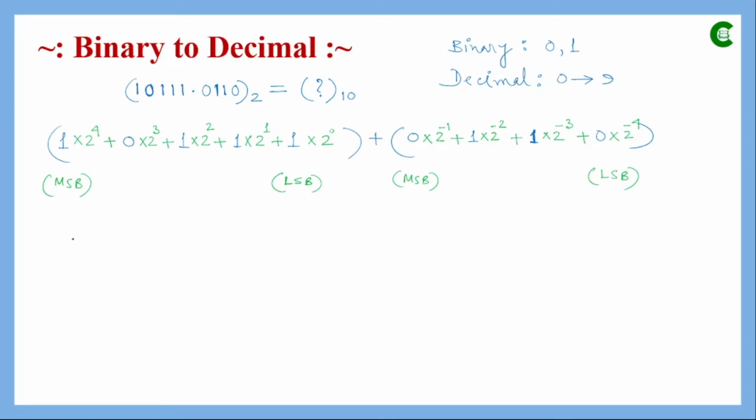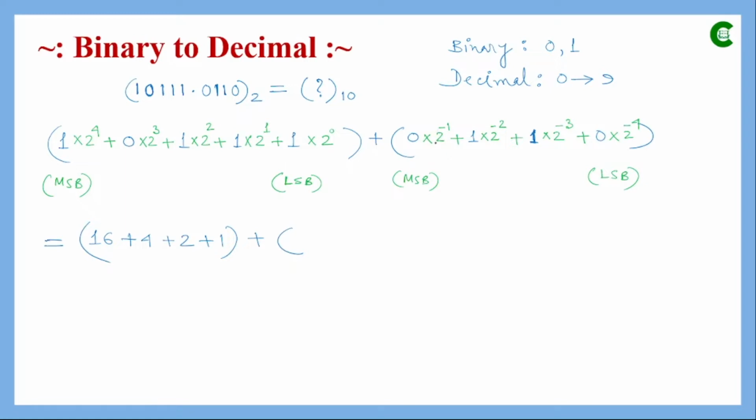Now when we simplify, the first term will be 16, then the next term will be 8 but it is multiplied by 0 so that term will vanish, then it is 4, then the next term will be 2, and then 2 to the power 0 means 1, and 1 multiplied by 1 is 1. Then we come to the fractional part.